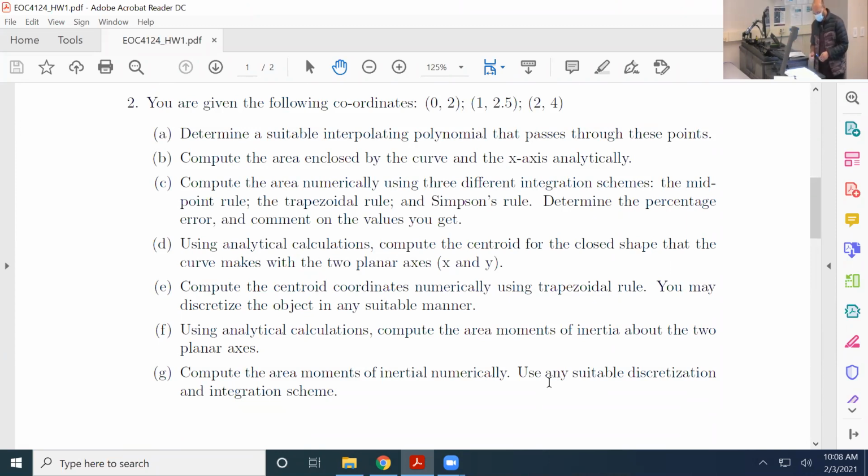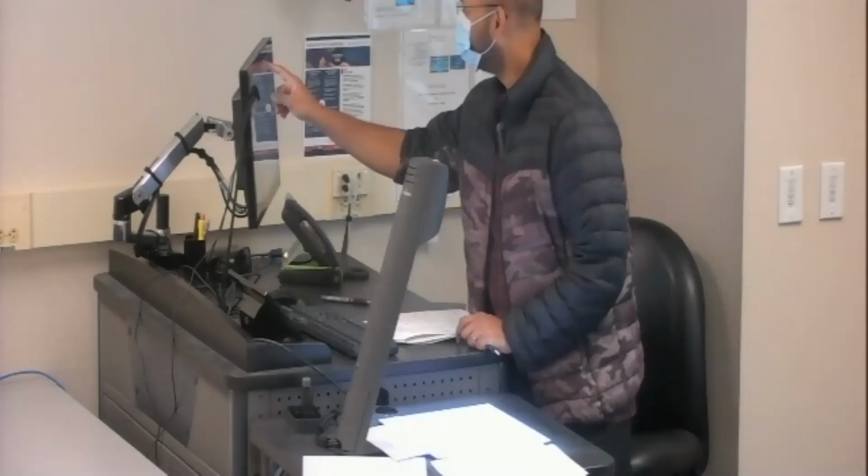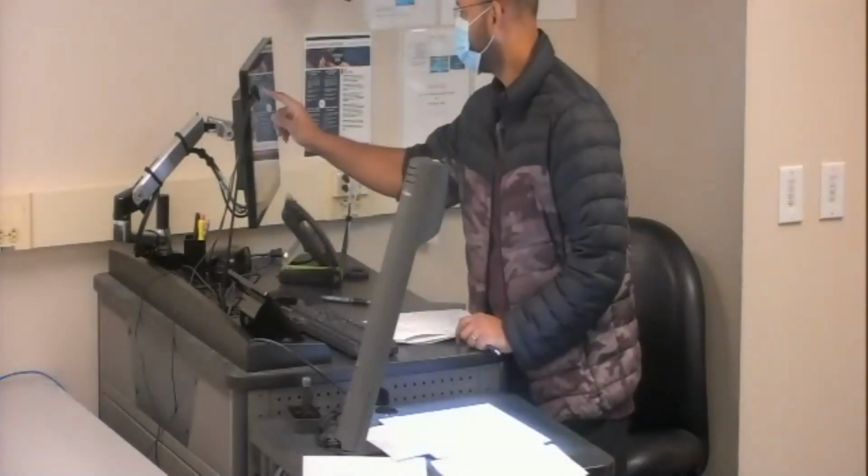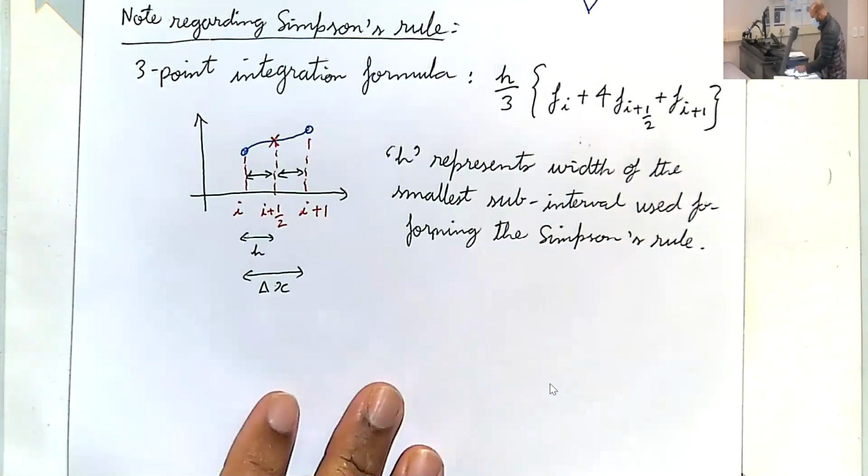All right, so let's go back and talk about a three-dimensional example.